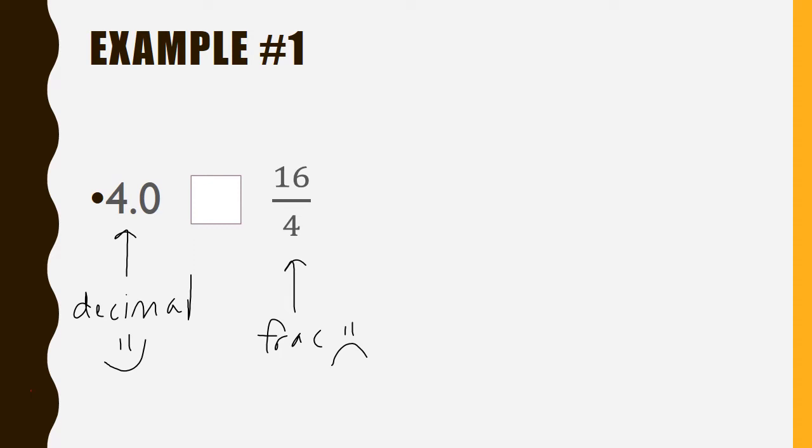So wherever I have space, I'm going to convert 16 over 4 into its decimal. I'm going to do that by doing 16 divided by 4. For every fraction, it's numerator divided by denominator. It does not matter which number is bigger, it matters which number comes first. The numerator is always first. When I do 16 divided by 4, I get the whole number 4.